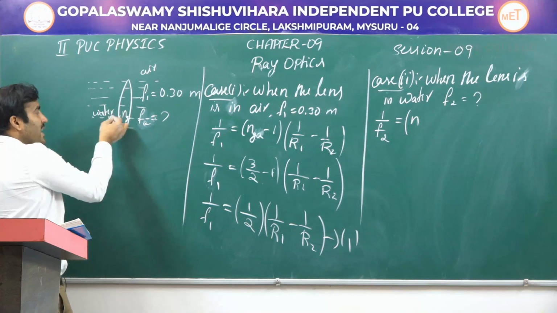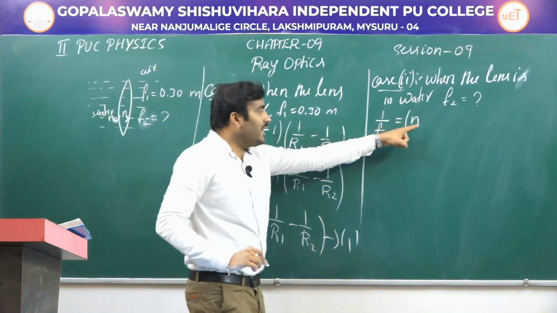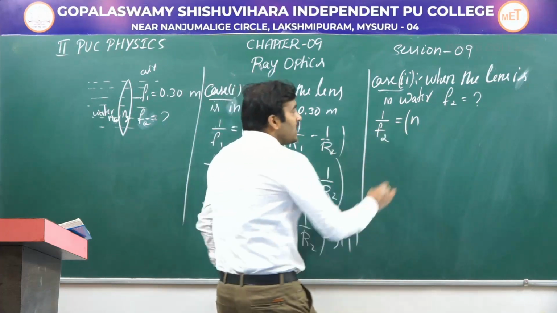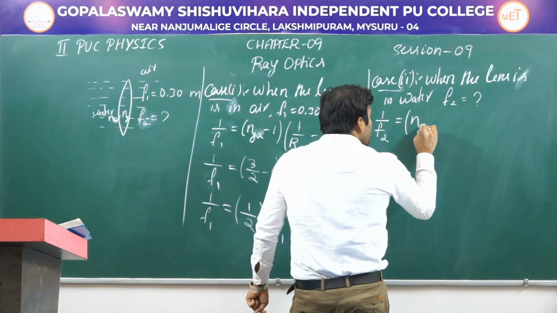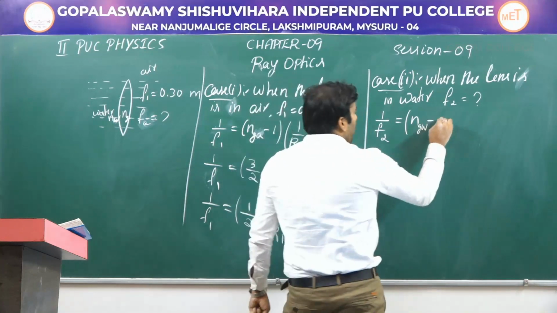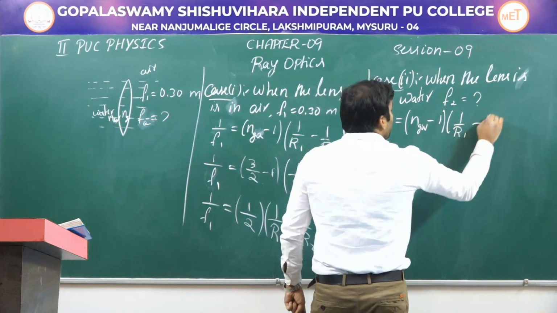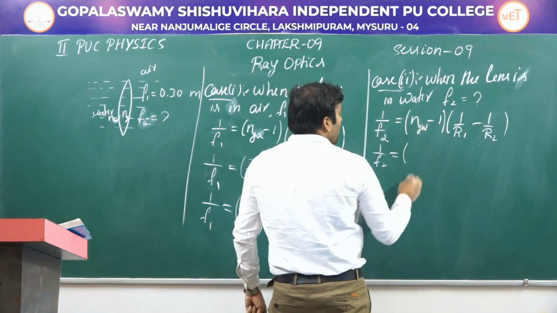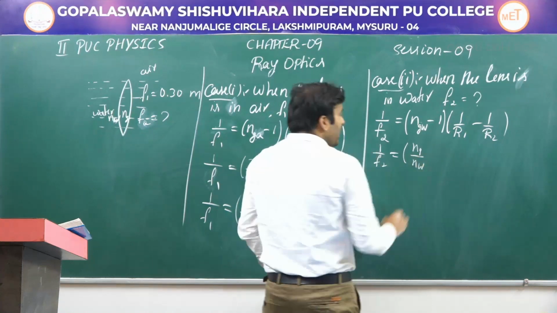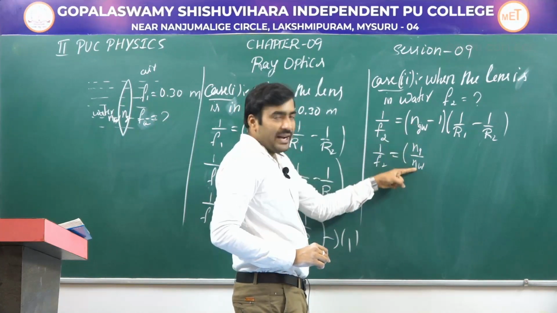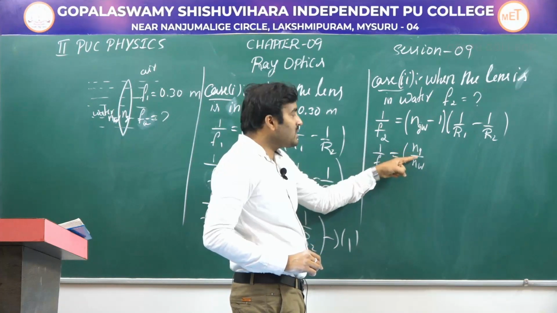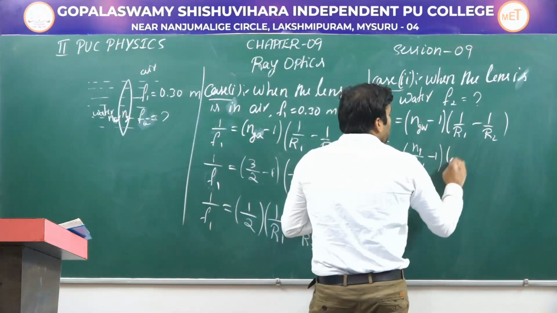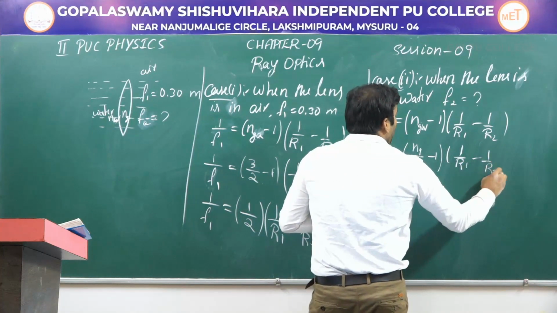While writing the lens maker's formula, 1 by f2 is equal to (refractive index of glass with respect to water minus 1) into (1 by r1 minus 1 by r2). This is equal to Ng by Nw, the absolute refractive index of glass divided by the absolute refractive index of water.